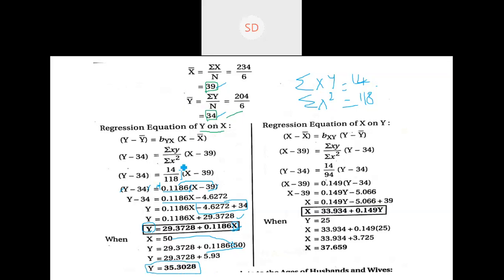Okay, now let us solve the regression equation for x on y. First we solved for y on x. Now let us solve for x on y.